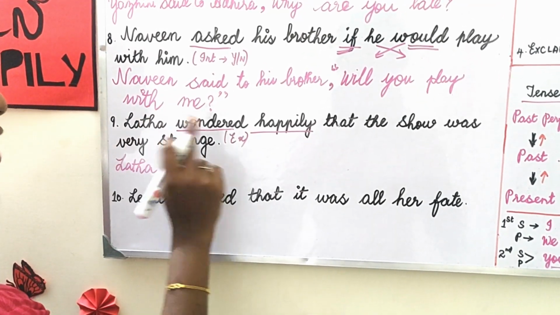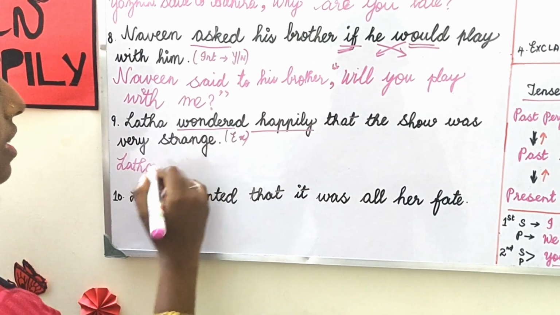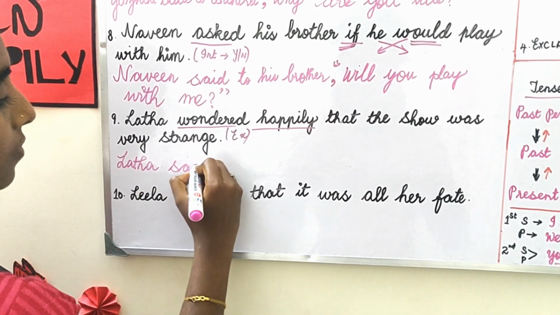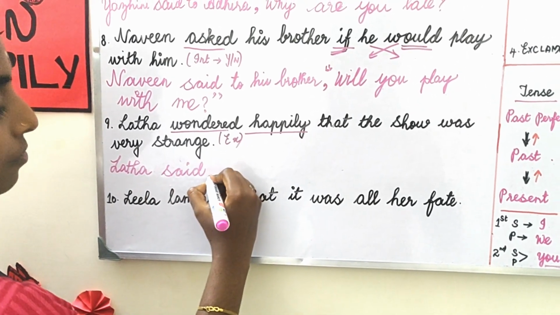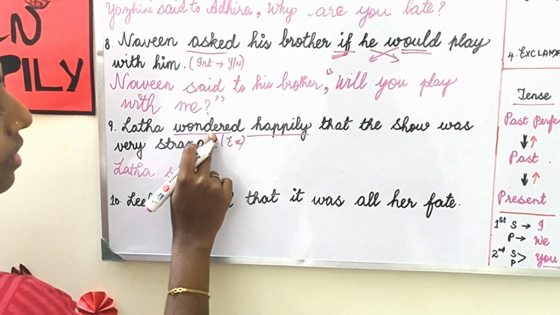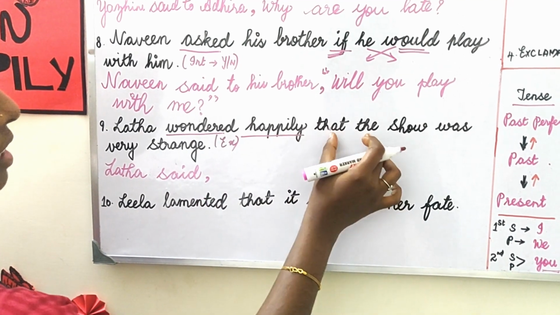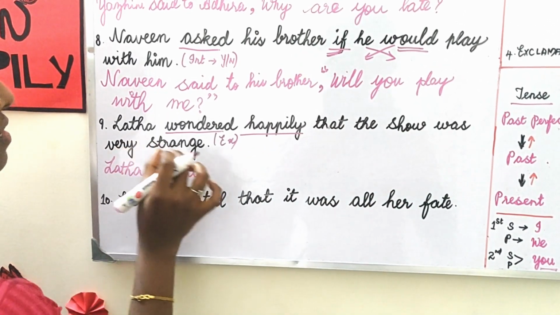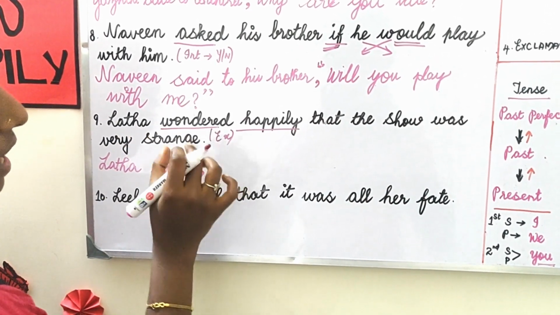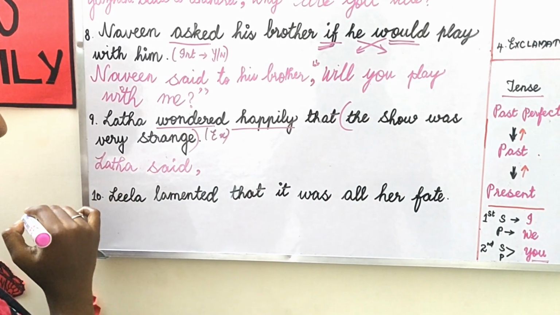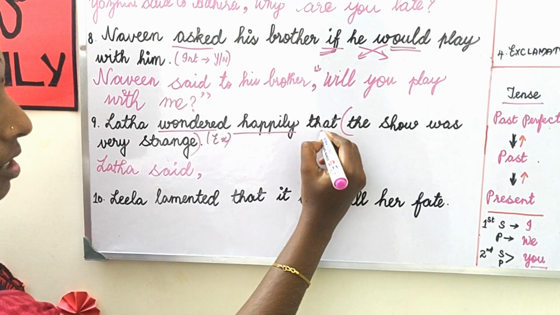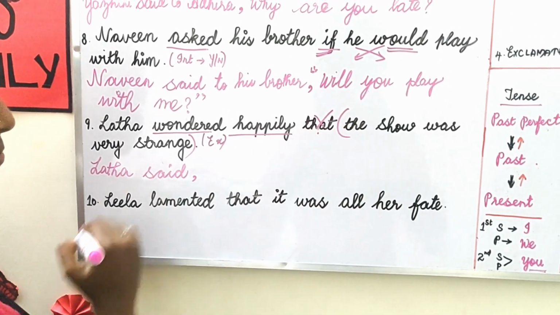So instead of this wondered happily, what you have to write? Said. So she is only saying, there is no object, so only said, comma, wondered happily that the show was very strange. So what is the idea given here? The show was very strange. And what's the conjunction? That, and remove that.